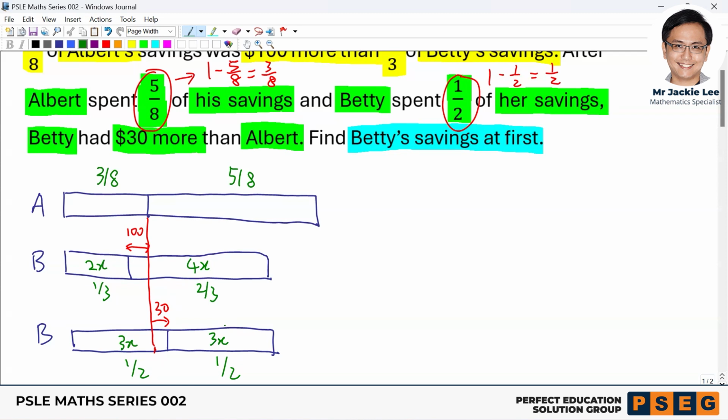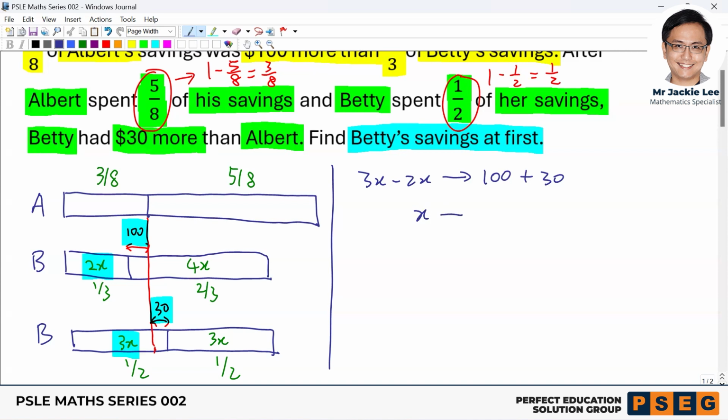Okay, so now we can do the calculation. The calculation, I think, will be the difference, right? Between 3x and 2x should be 100 and 30 added together. So 3x minus 2x should be 100 plus 30.